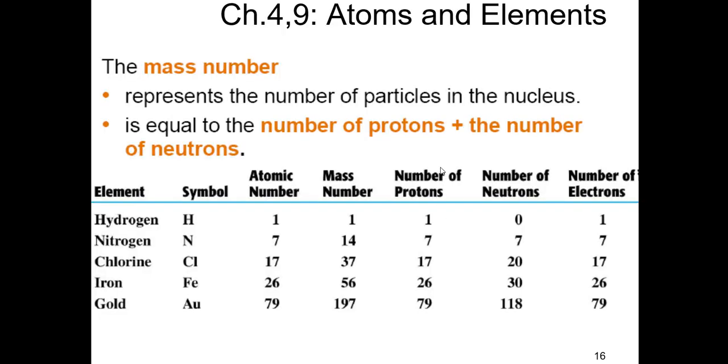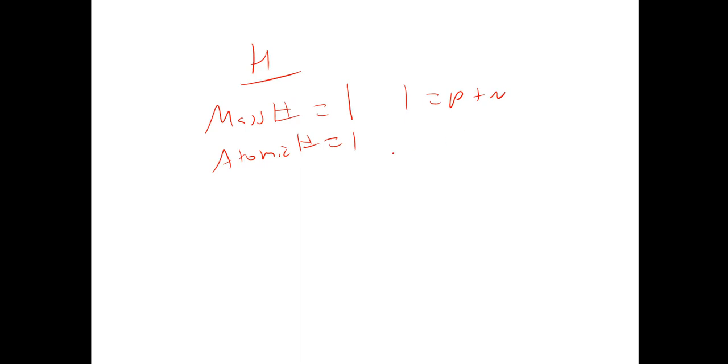For example, for hydrogen, if I have a mass number of 1 and I have an atomic number of 1, we know that mass number is the total of protons and neutrons.